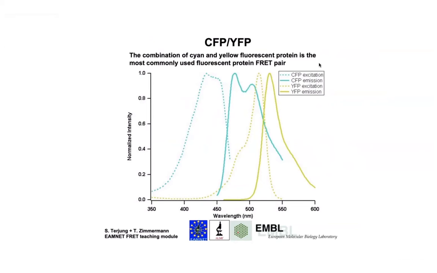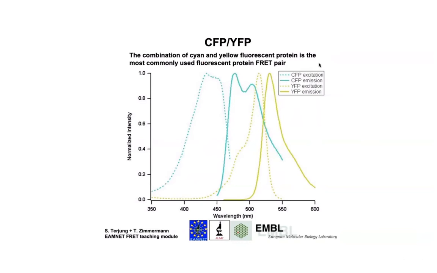A common combination that you might see is CFP and YFP, so cyan fluorescent protein and yellow fluorescent protein. And so you'll see basic things like this. In this blue dotted line, or I guess the cyan dotted line, we have the CFP's excitation, and then the solid line is its emission.